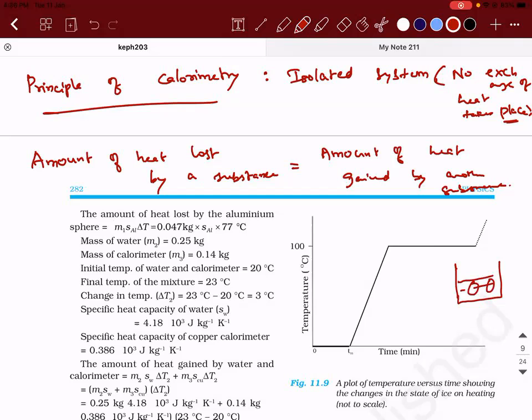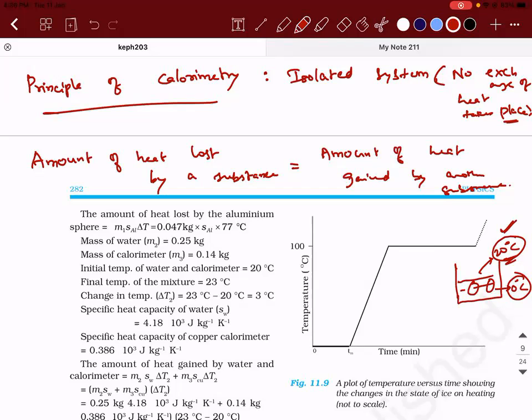Let's say those ice cubes are at 0 degrees Celsius and this water is at 20 degrees Celsius. So which one is at a higher temperature? Obviously water. So we know the fact that heat starts flowing from an object of higher temperature to lower temperature. So if heat starts flowing from water to ice, what process would take place? So this water will start melting the ice.